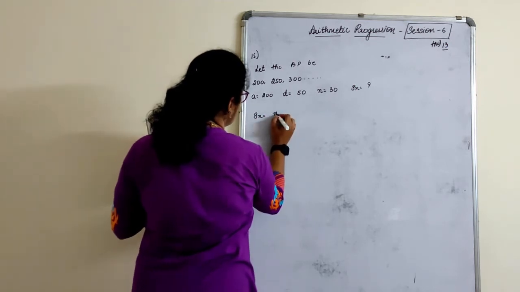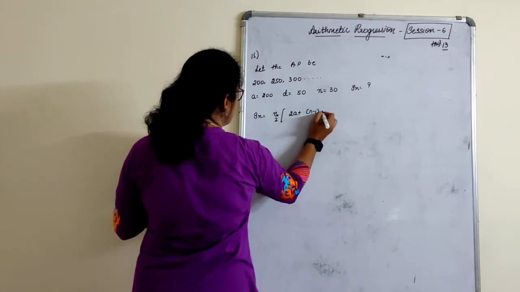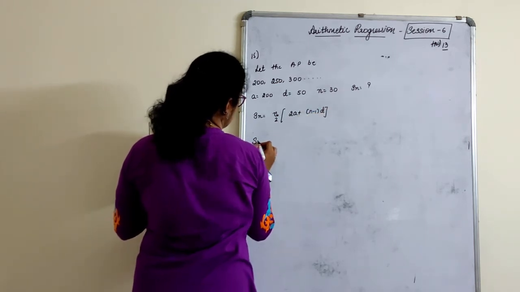SN is equal to n by 2, 2a plus n minus 1 of d.